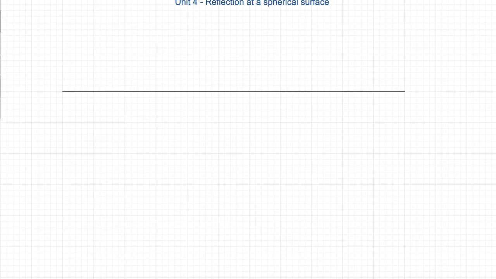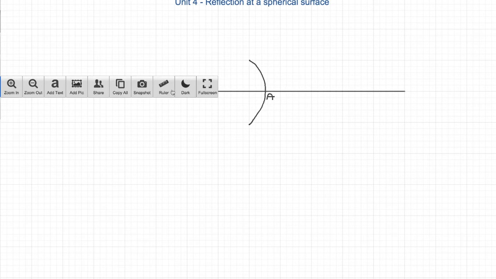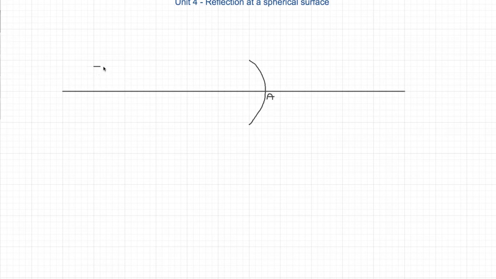Here's another optical axis, and another concave spherical surface with the vertex A. We're going to send in a parallel ray of light, parallel to the optical axis. And remember that rays are parallel when they come from optical infinity.